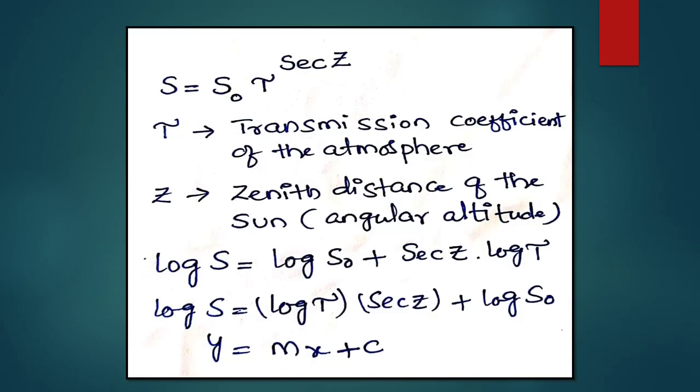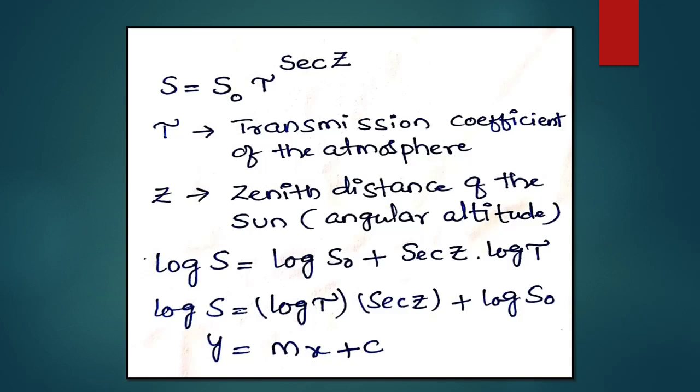Z is the zenith distance of the sun, that is nothing but the angular altitude. By taking the logarithm on both sides, log S is equal to log S naught plus secant z into log tau. Now log S is equal to log tau into secant z plus log S naught. This equation is similar to y is equal to mx plus c.